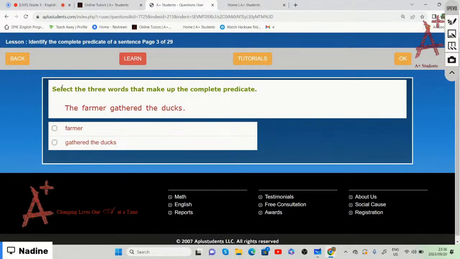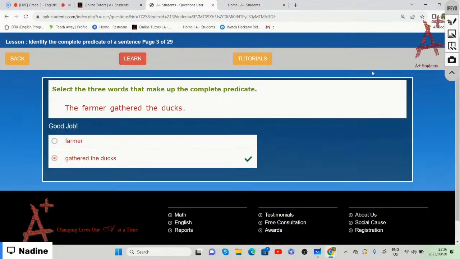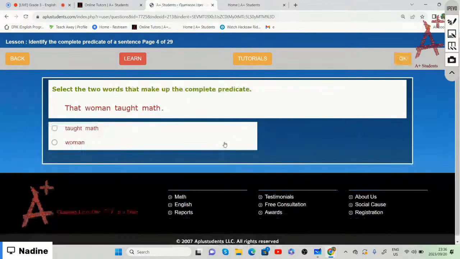So if we choose the predicate, we will choose gathered the ducks. All right, so if you have gathered the ducks, then well done, because that is correct.